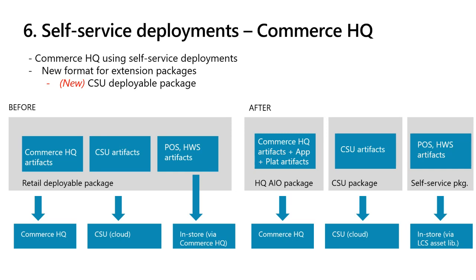The second big improvement with self-service deployments, as the name indicates, is previously for tier 2 environments, you needed to request these and file a support request for the support team to actually deploy the environment in your LCS project, and that could take sometimes several days, up to a week in certain cases.